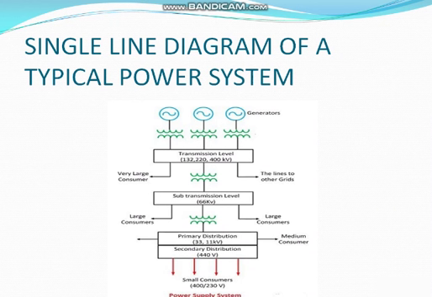This is the secondary transmission, stepped down to 66 kV voltage, and this is a delta transformer, and the 66 kV voltage is supplied to the large consumer. It means the industries or engineering colleges, they are the large consumers where the motors are driven.